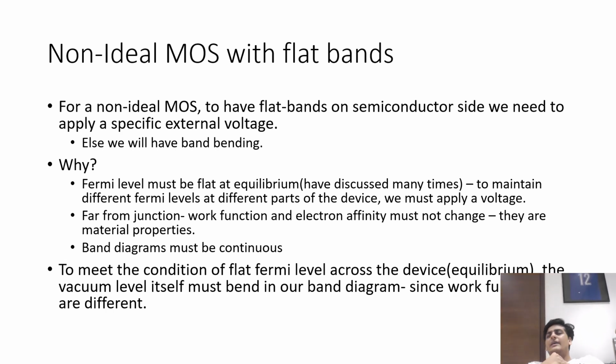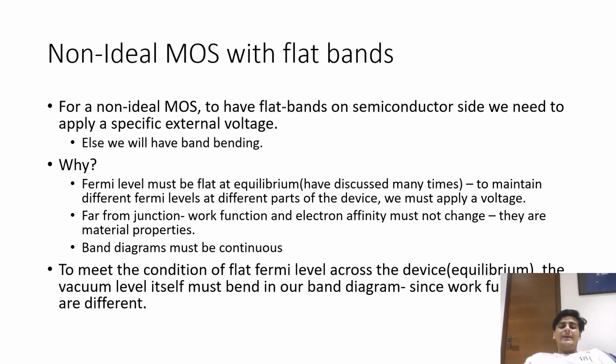So now we are only left with the second alternative to reconcile this difference between the work function of the metal and the semiconductor. And that second option is essentially you let the Fermi levels be different. Now, what happens when the Fermi levels are different? Supposing the Fermi level of the metal is lower in energy than the Fermi level of the semiconductor. Now, to maintain these different Fermi levels at different parts of the device, we must apply a voltage.